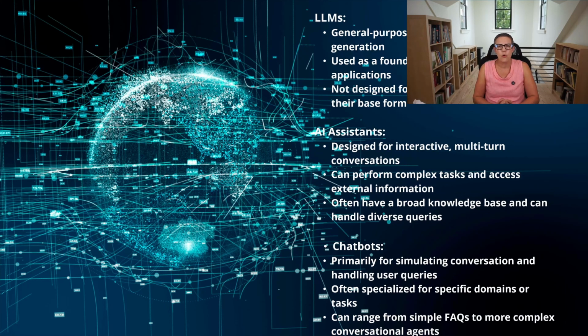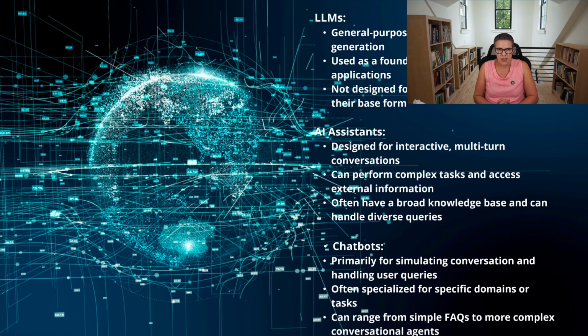They're designed for more interactive and task-oriented use cases. Chatbots range from simple to complex. They can be rule-based or AI-powered. More advanced chatbots may use large language models, but many use simpler natural language processing techniques.